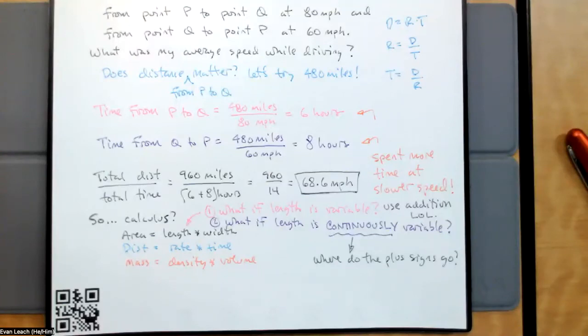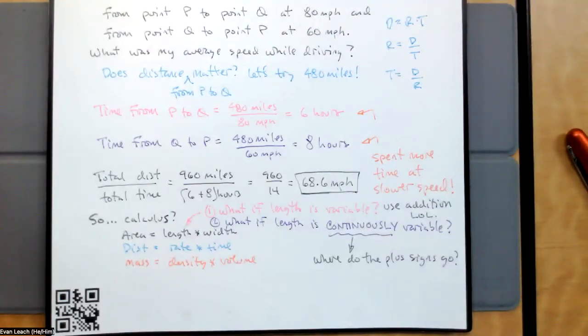And this is why we need calculus. I don't know if this is why we need calculus, but this is one of the things that we use calculus for. We want to find a sum, but it's a continuous sum. There's nowhere to put plus signs in between stuff because there is no in between stuff. It's a continuum.